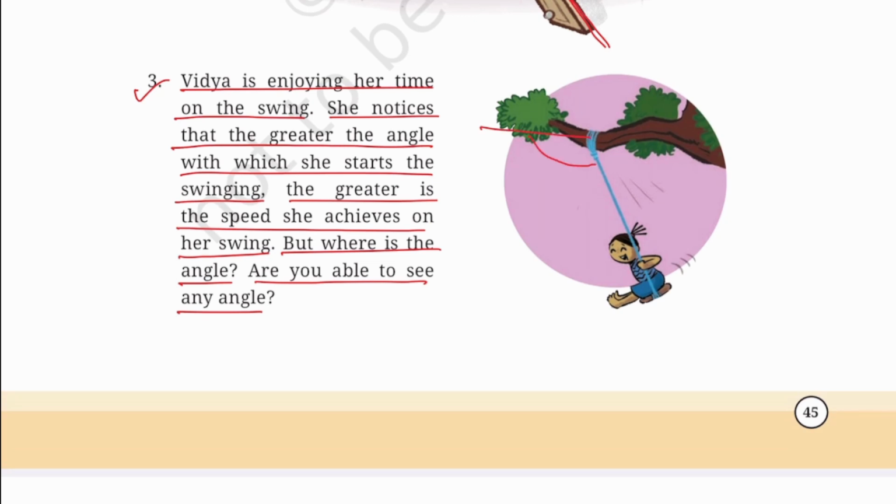That means if she starts from here, then the speed will be greater. So the angle is measured from this arm. Okay, that is the branch of the tree. And the other arm is the rope through which she is hanging. So the angle is made here.